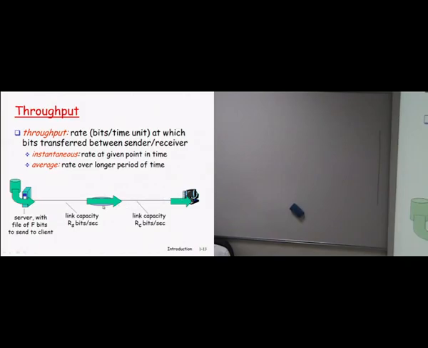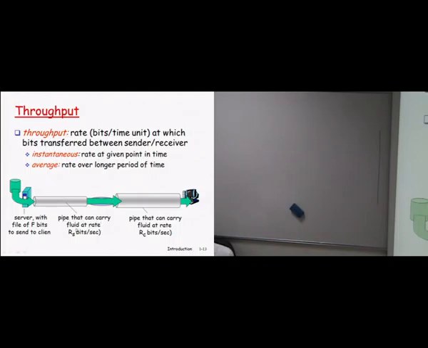Now, what is this? This is the pipe that can carry fluid at a rate. This is a link. In terms of link, we call it either copper link, optical fiber link, or wireless link. So try to understand it with the analogy of a pipe through which water is flowing.